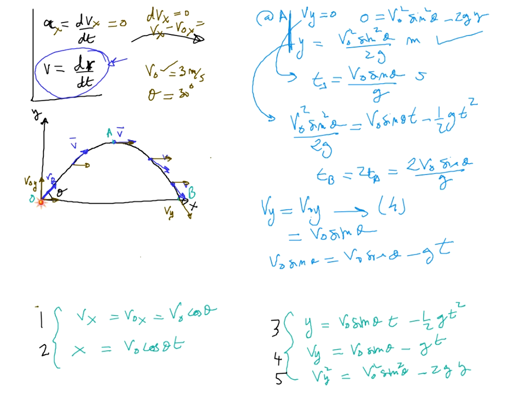What else do you suggest, Kyle? Instead of replacing Vy by V naught y, we should have replaced Vy by... excellent. This is V naught y up. This is Vy down. So sure, they share the same magnitude, but they obviously have different directions.